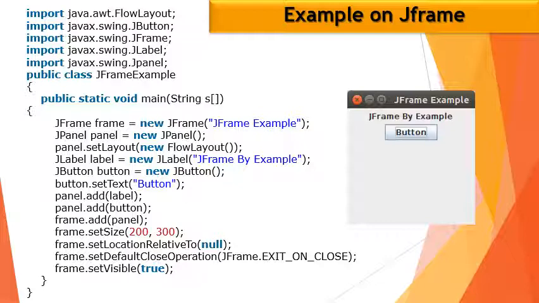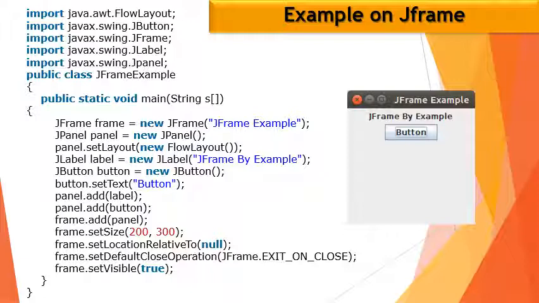The label is also given here, JFrame Example, directly on the frame. And the button has the text, which is called the caption, written on the button shape. All these will be added on the panel.